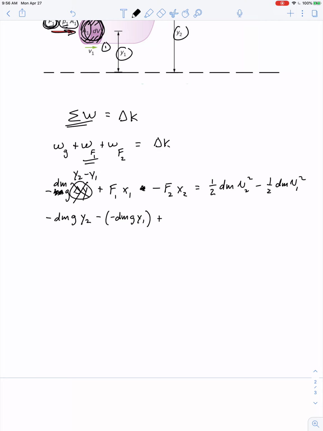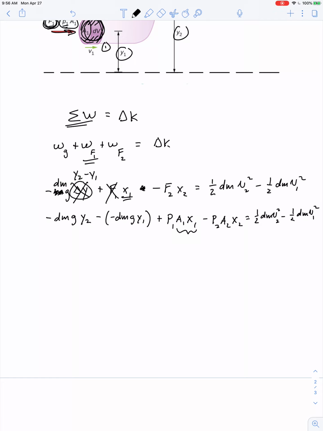Plus, let's see, force number 1 is pressure 1 times area 1. And we still have to consider x1, minus pressure 2, area 2, x2, equals 1/2 dm v2 squared minus 1/2 dm v1 squared. Now, look at this.